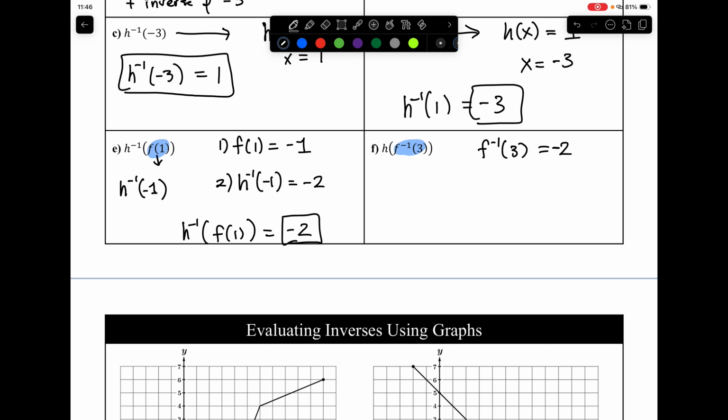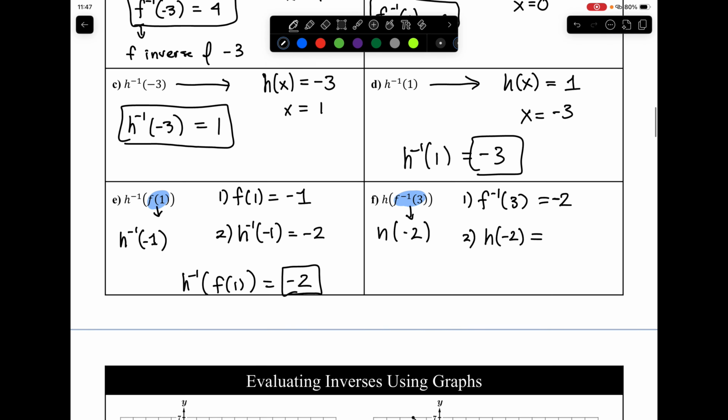Now that we know that that's -2, we can evaluate h at that input value. So step 1, working with the inside, gives us an output of -2. And step 2 is to take that output and plug it in as the input to the outer function h.